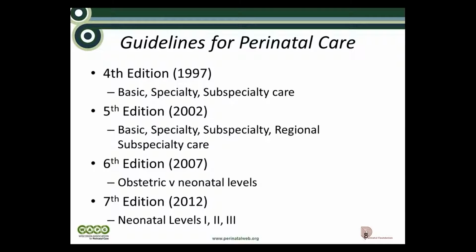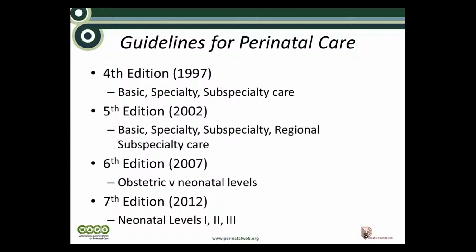And so you need the level of care to go along with that. In addition, there was perhaps a breakdown of some of the classic regional coordination during this time. We were already seeing some of the changes, some of the evolution that was going to take place. Now, the 4th edition opted to use the functional descriptions that you see on the slide, the basic, specialty, and subspecialty care. And that's where I'm going to close that discussion on that one.